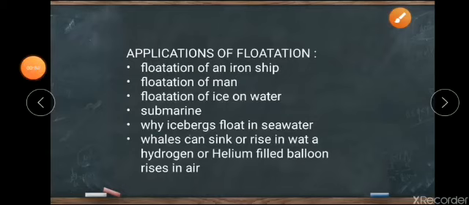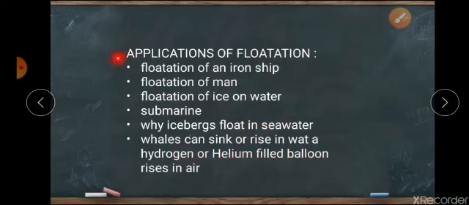Now, depending on the three conditions, you have the applications of flotation: why an iron ship floats in water, why a man floats in water, why a man is able to swim more easily in river water than in sea water, why ice floats on the surface of water, how submarines work, how icebergs can float in sea water, how whales can sink or rise in water according to their wish, and why hydrogen or helium filled balloons rise in air.